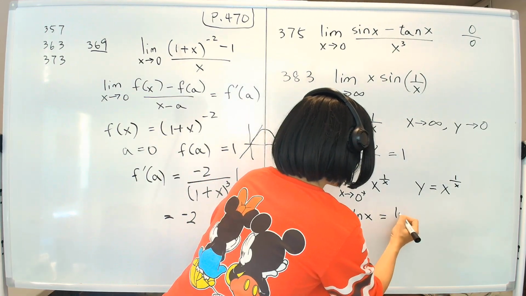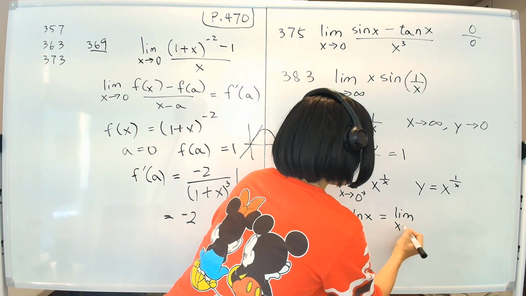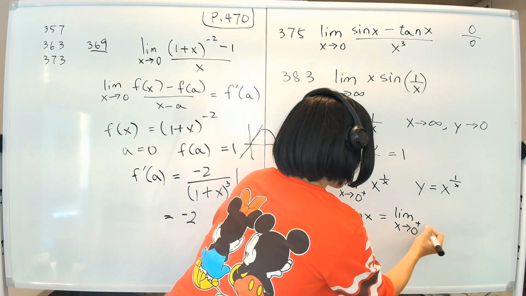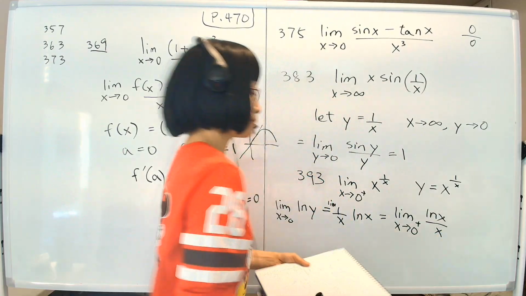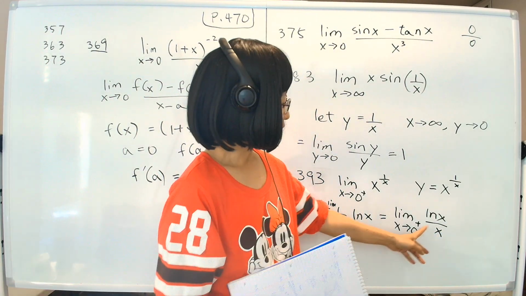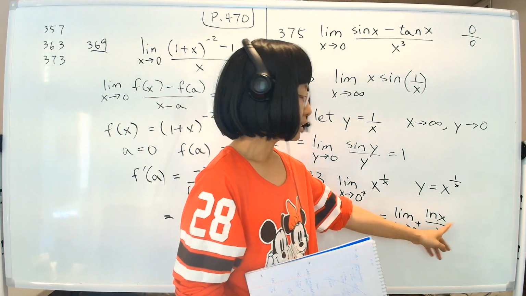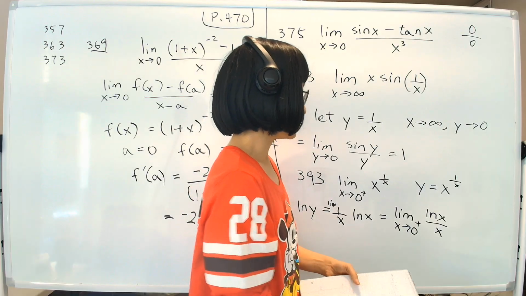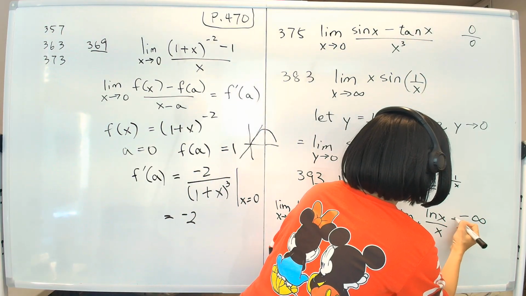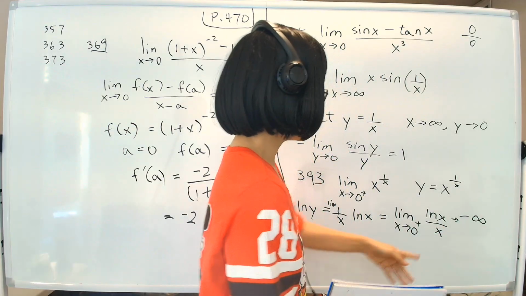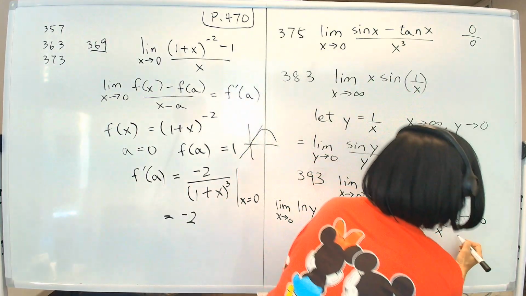That is the limit as x approaches 0 from the positive side of natural log of x over x. Now think about it. As x goes to 0, natural log of x goes to negative infinity, minus infinity. And then this x just goes to 0.